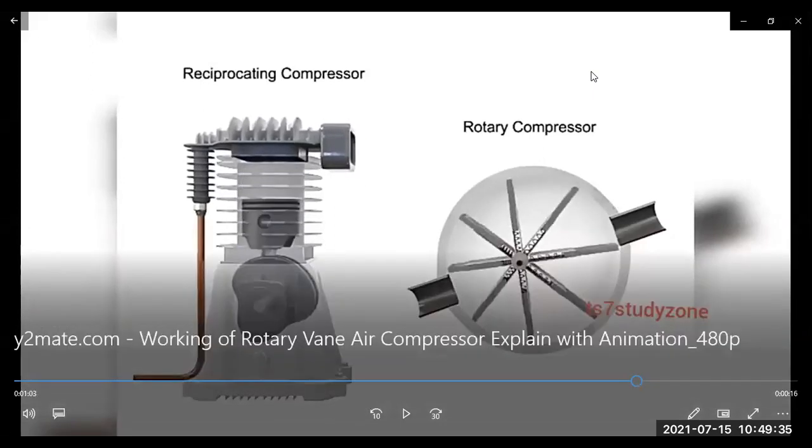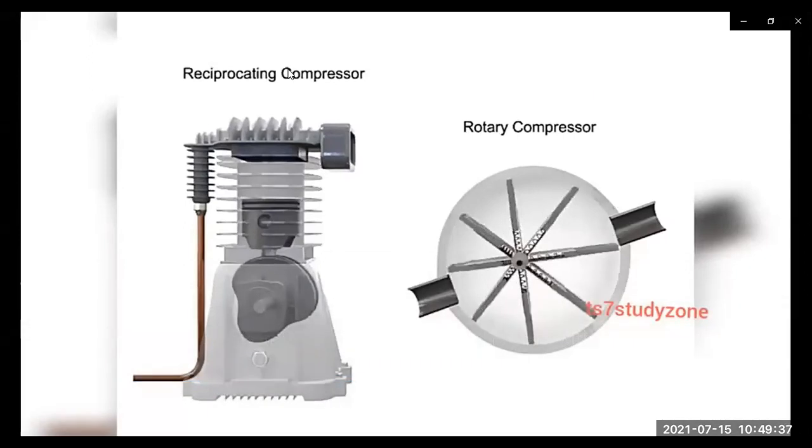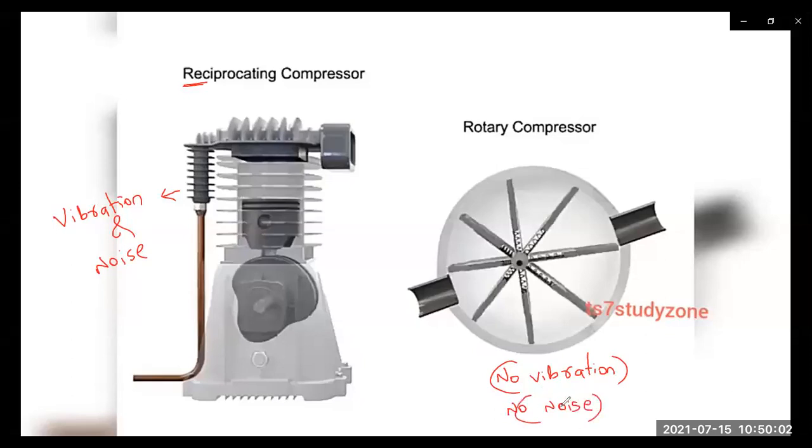Here what he is telling is this rotary compressor is free of vibration. Okay, there is no vibration. This is an advantage of the rotary compressor, but this is called a reciprocating compressor. Okay, in the reciprocating compressor the main disadvantage is vibration and noise. Here there is no vibration and no noise, so that is an advantage of the rotary compressor.